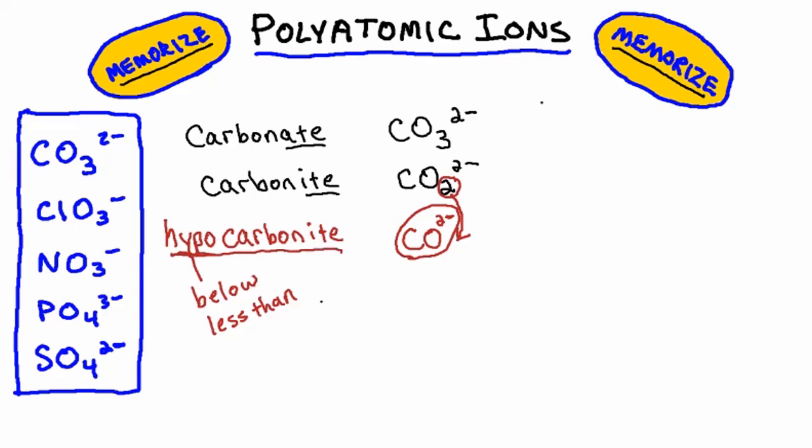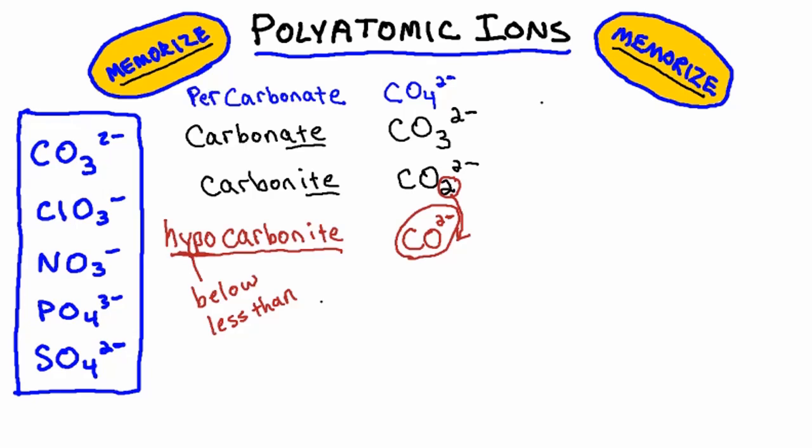But what if it's going the other way? What if we take the carbonate up here at the top, the CO3 oxygens, and we add another oxygen to that? So we end up with CO4. So we have 4 oxygens. Well, we keep that name carbonate, but we put the prefix in front of it, per.